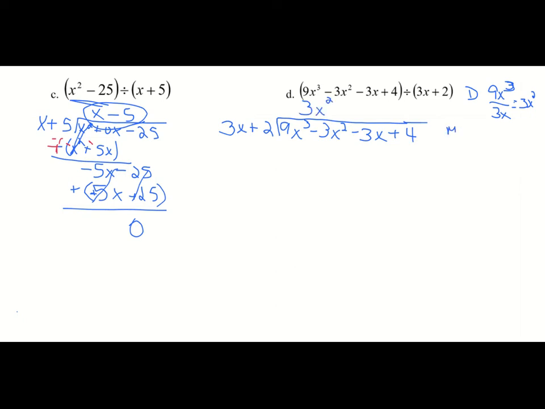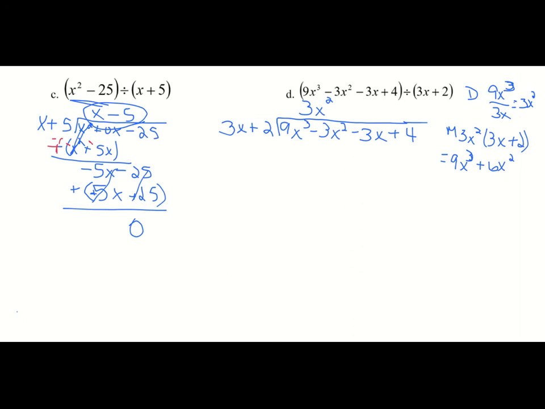Then we multiply, so 3x squared times 3x plus 2 is going to give me 9x cubed plus 6x squared.